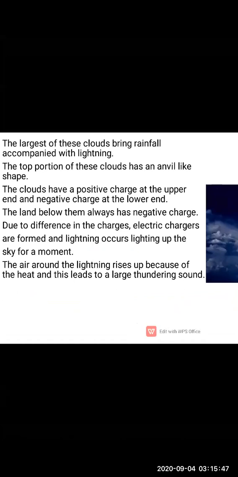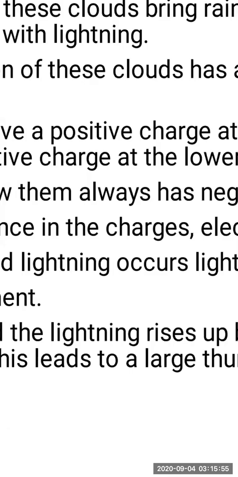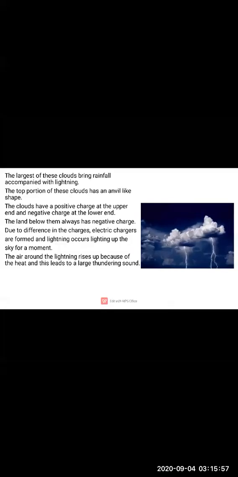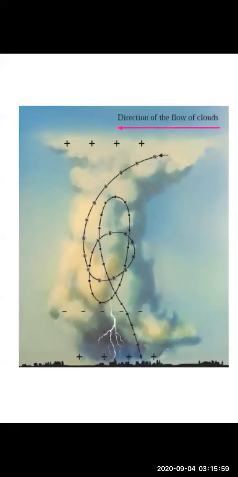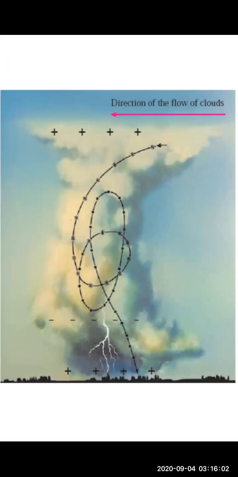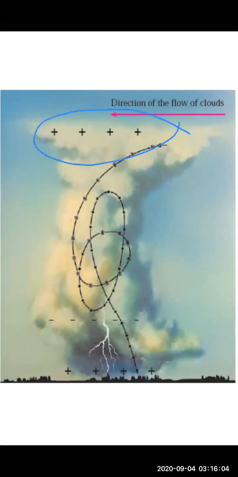The clouds have a positive charge at the upper end and a negative charge at the lower end, children. See here in this picture. In the upper end, they have positive charge. In the lower end, they have negative charge. And at the ground level, we experience positive charges.